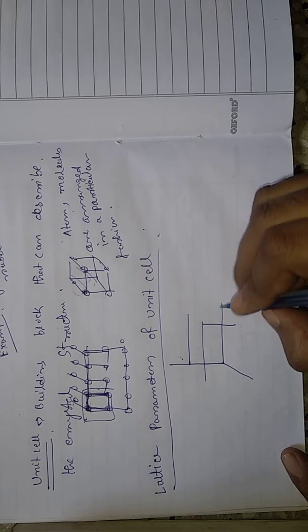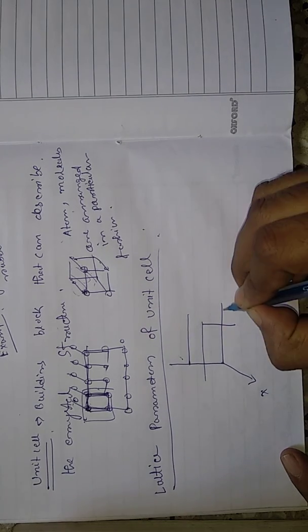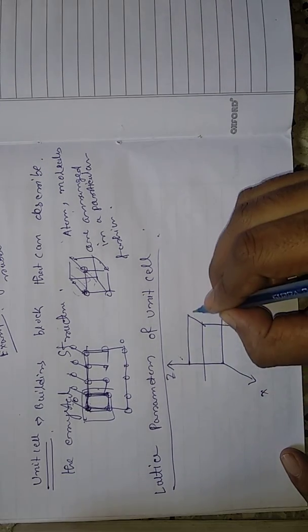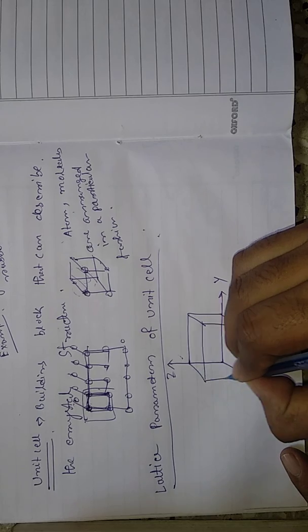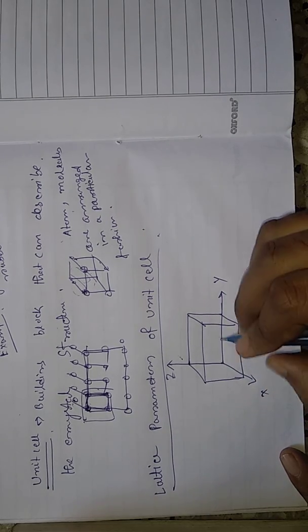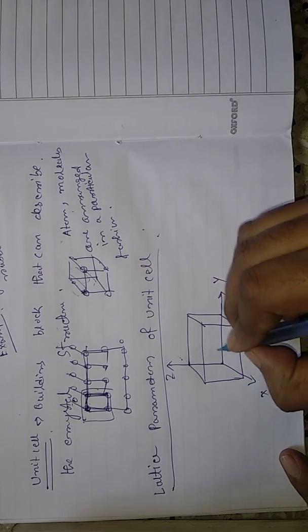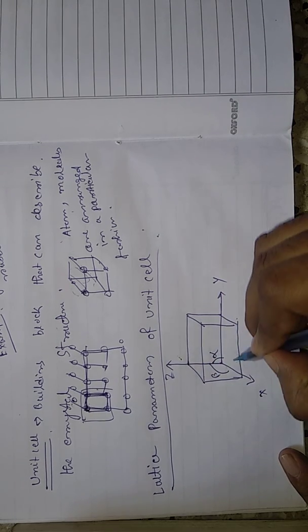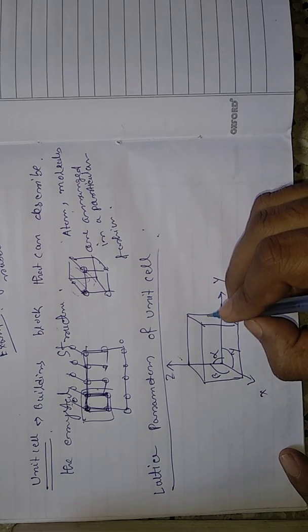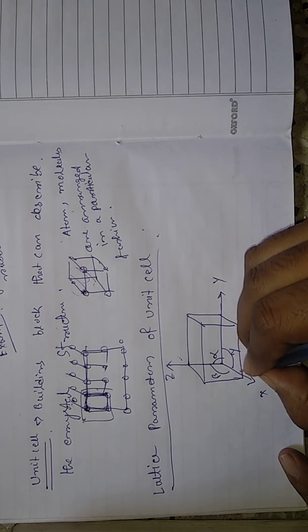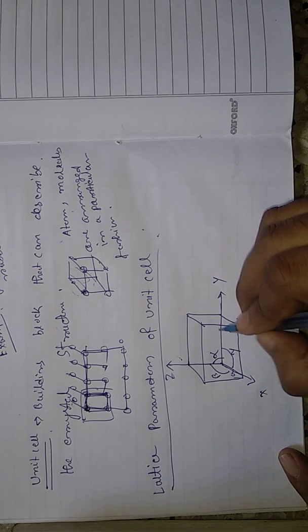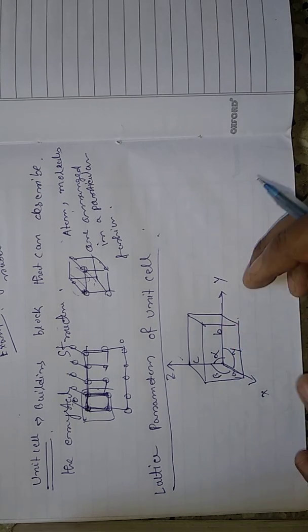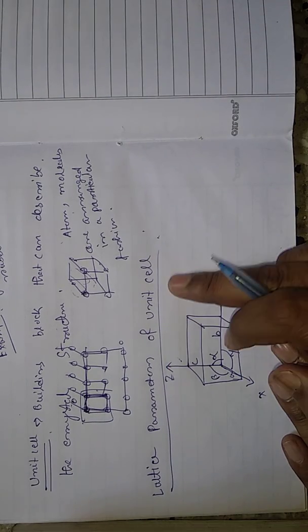So if you draw the atoms in the XYZ axes, with the angles alpha, beta, and gamma, the lengths of the structure are a, b, and c, as you see in the diagram.